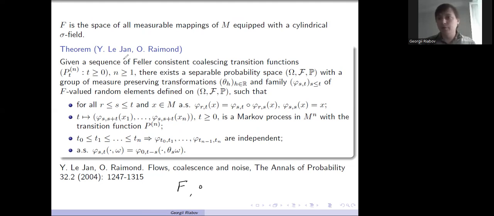Lejeune-Raymond have a semigroup of measurable mappings, and the composition is not continuous on this semigroup. It is not even measurable. So typically mappings from coalescing flows don't live in a good topological semigroup to apply this perfection. Okay, thank you.